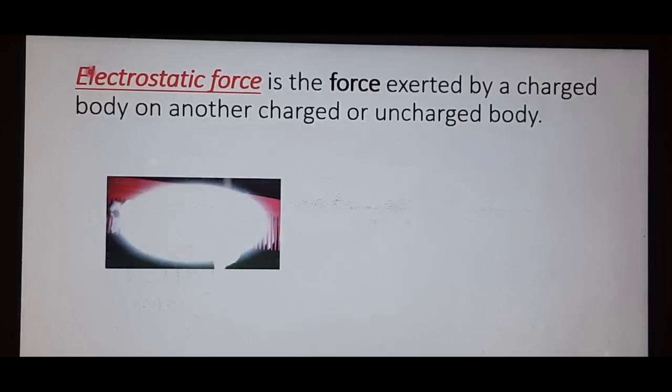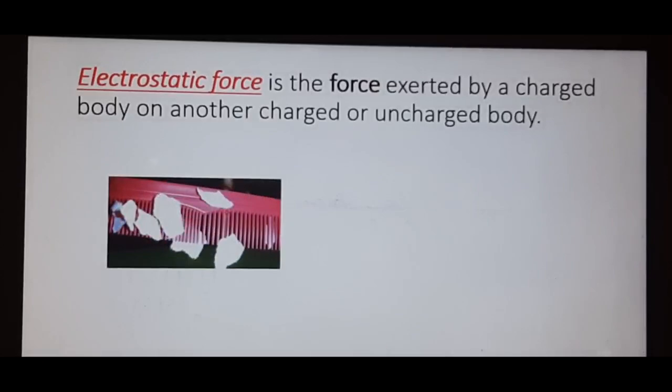I want to explain this with a very simple activity which I am sure you have done earlier also. If you rub this comb with your hair, after some time if you bring this comb near bits of paper, you can see the comb will start attracting these bits of paper. Why is that so?